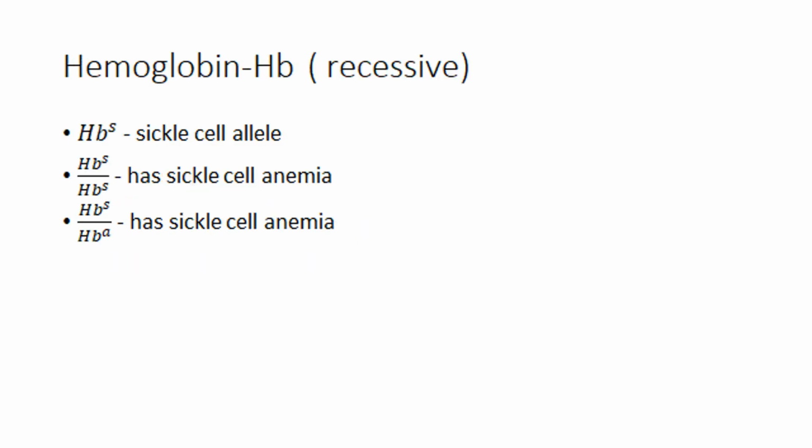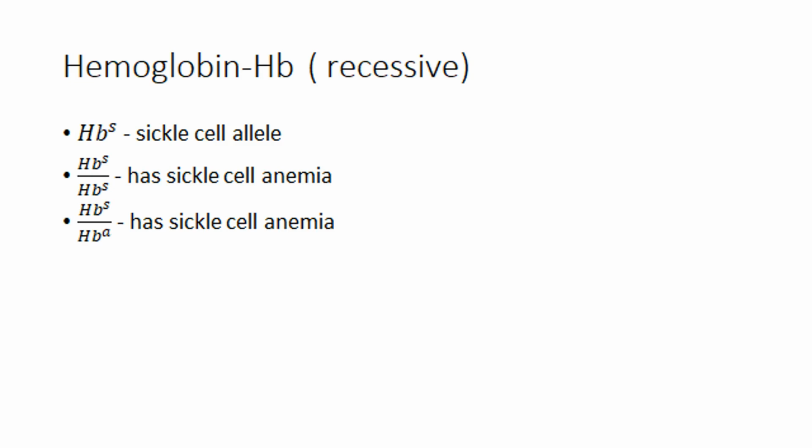One example of recessive that I can mention is hemoglobin. If we study the sickle cell allele, and we describe it as HbS, the organism that has HbS and HbS, two alleles, we describe as having sickle cell anemia.